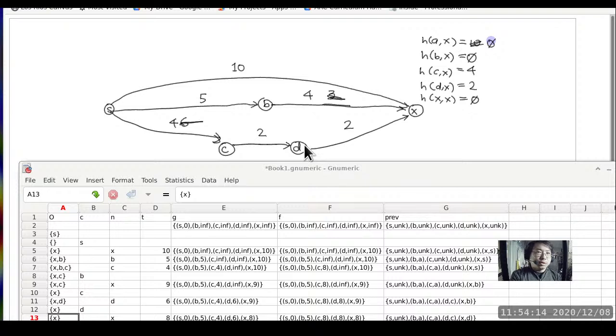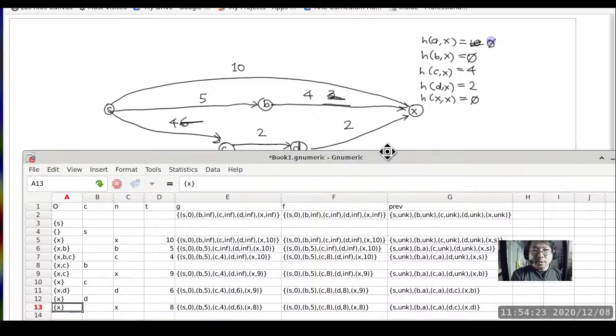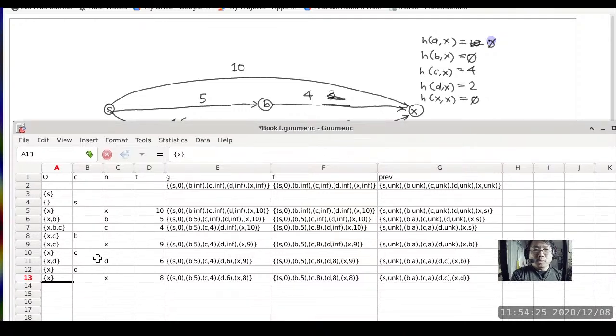There's only one outgoing edge from D to somewhere else. I have to scroll up a little bit or move this up a little bit. It's okay to move it up at this point because there's no need to refer to the graph any further. By the time we get back to the outer loop, the first question is: is there any vertex in O, because O is not empty at this point, such that its f value is less than the g value of x?